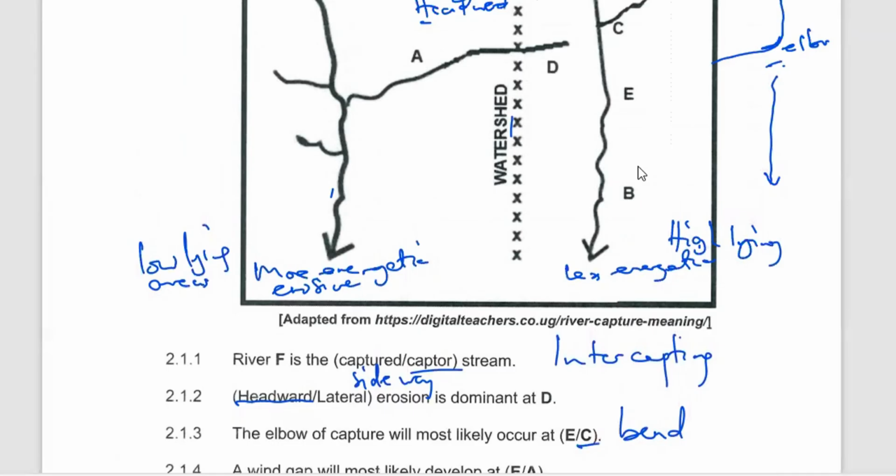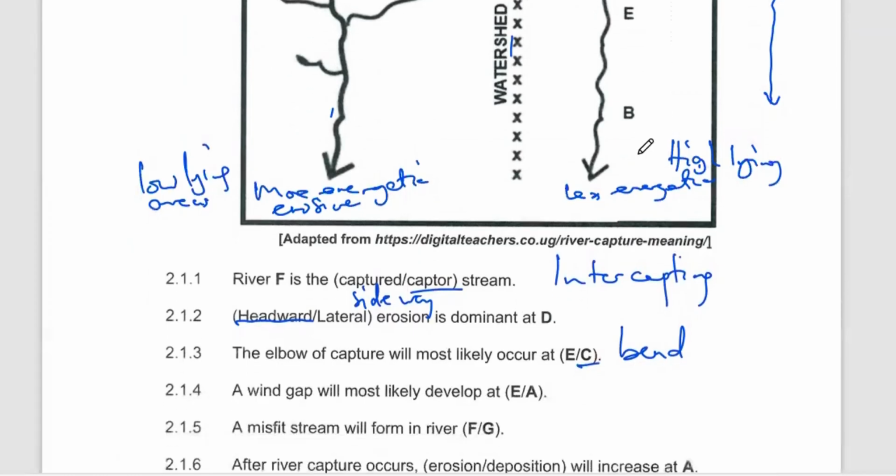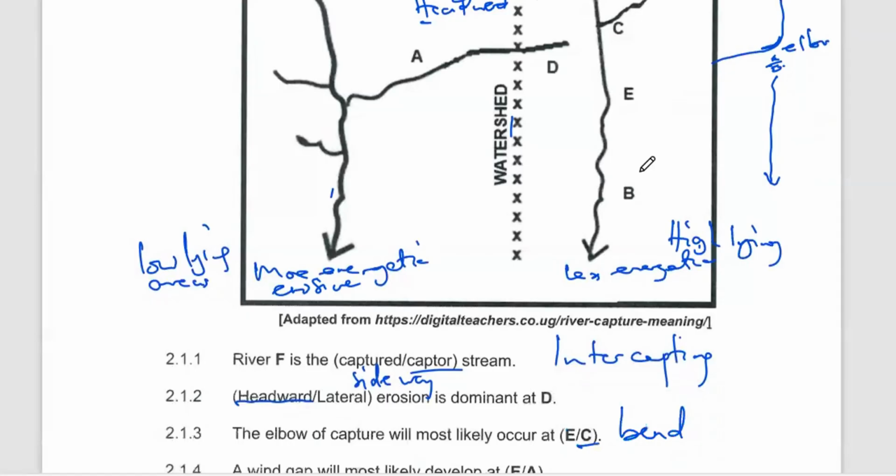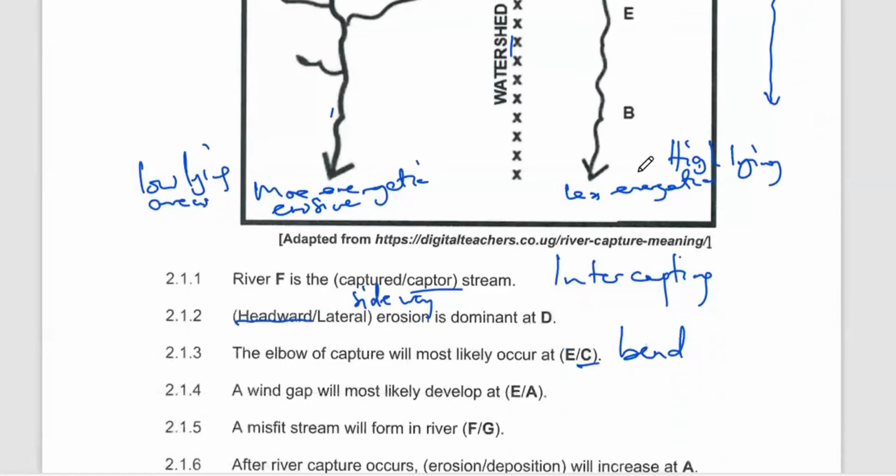The wind gap is going to occur here between the two. So if you are using this information, where is our wind gap to develop? It is going to develop around E here. This becomes the misfit, and around E becomes the wind gap. So our response for the wind gap is response E.